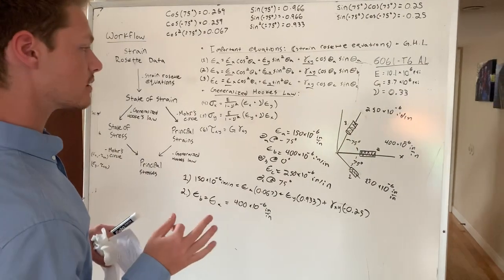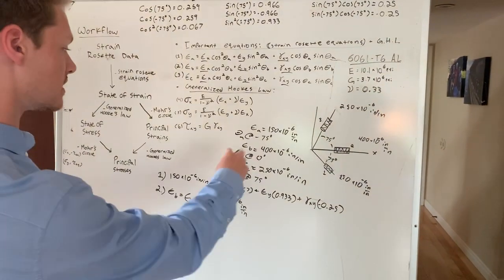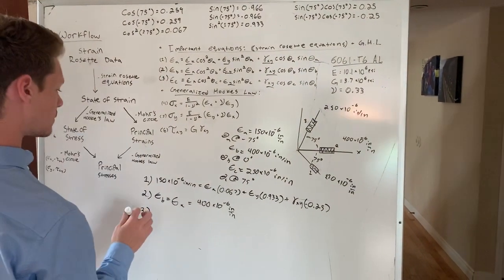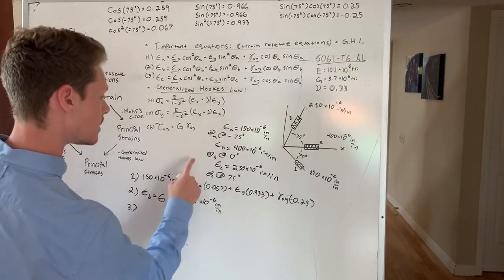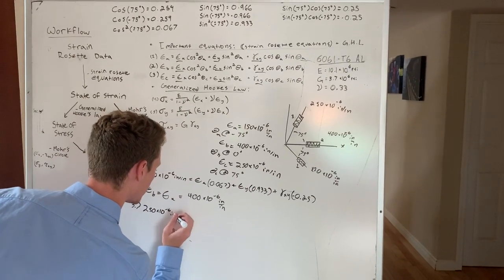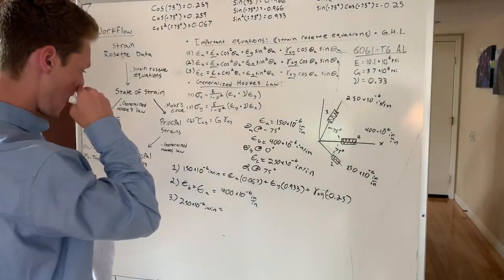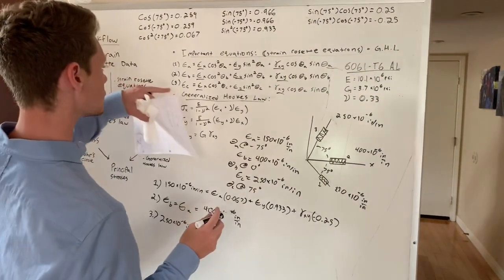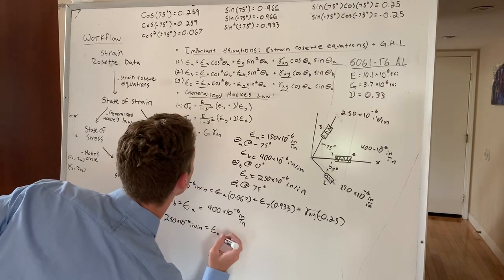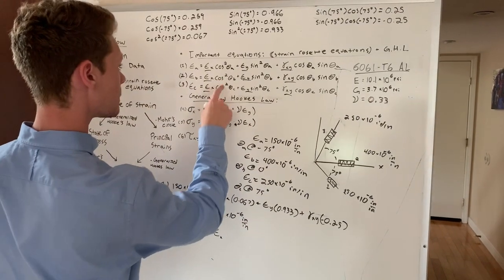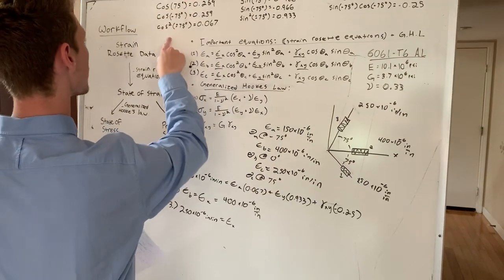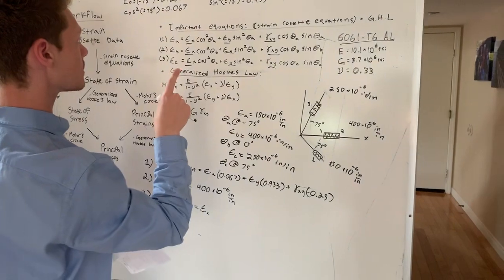Lastly, we have strain in the C direction, which you may remember we said is gauge 3 right here. Equation 3 is going to be epsilon C, which is equal to 250 times 10 to the negative 6 inches per inch, which is equal to epsilon x cosine squared of positive 75 degrees, which is the same as cosine squared of negative 75 degrees, which is 0.067.